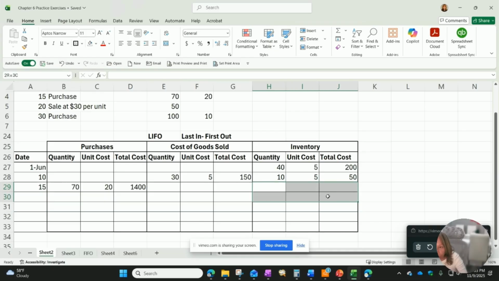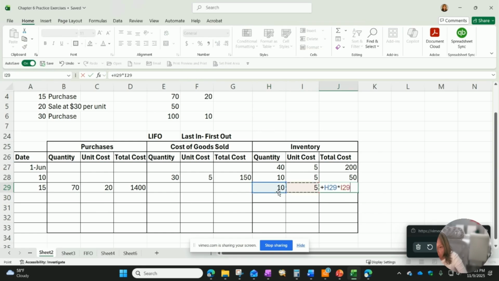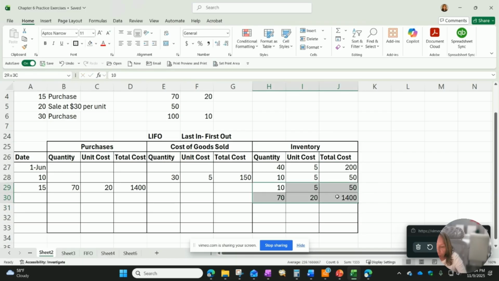So we're going to do separate layers here. 10 at $5 were the speakers that were there in the warehouse, right? And 70 that just came in at $20. That's the ending inventory. 80 speakers at $1,450.